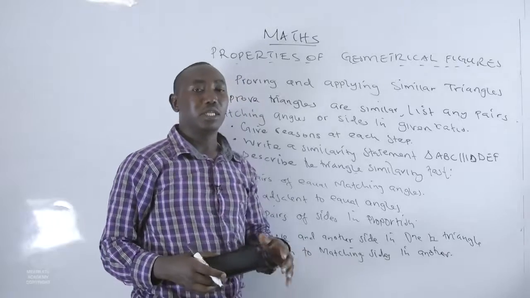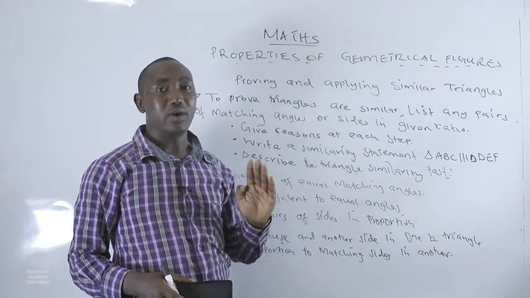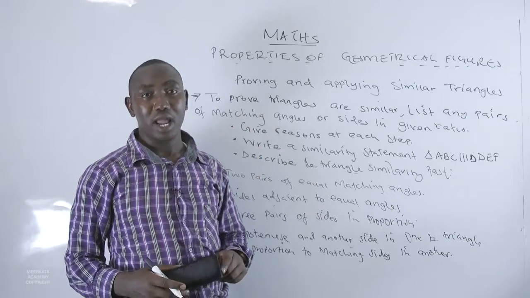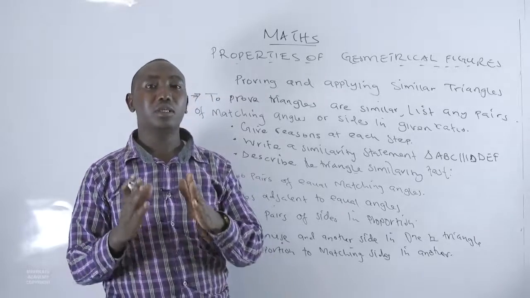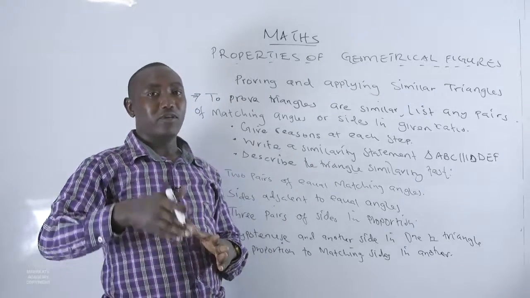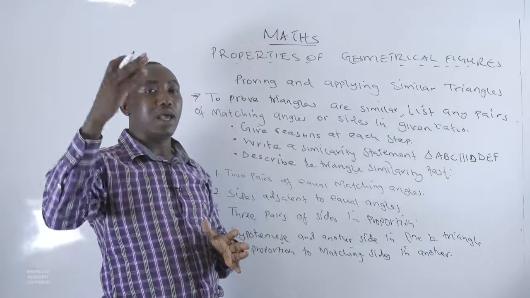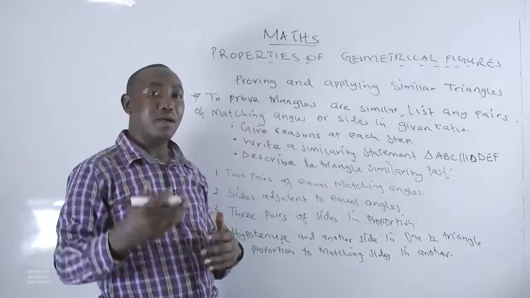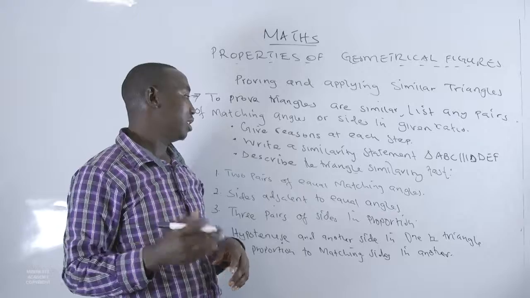You should pay attention that the other triangle should also be a right angle triangle. So the 4th test talks about two triangles that are right angled in shape. If the hypotenuse and one of the sides are matching with the hypotenuse and one of the sides of the other right angle triangle, then we can say that the two triangles are similar.